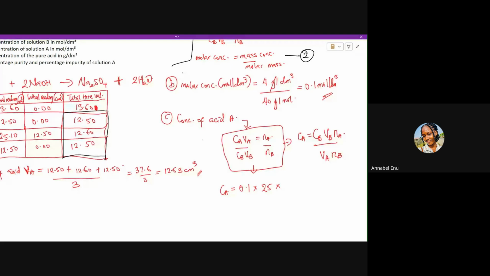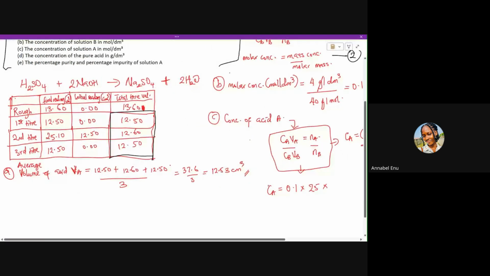We check that from the balanced equation. We use the coefficient to represent that. So what is the one for acid? Number of mole of acid.